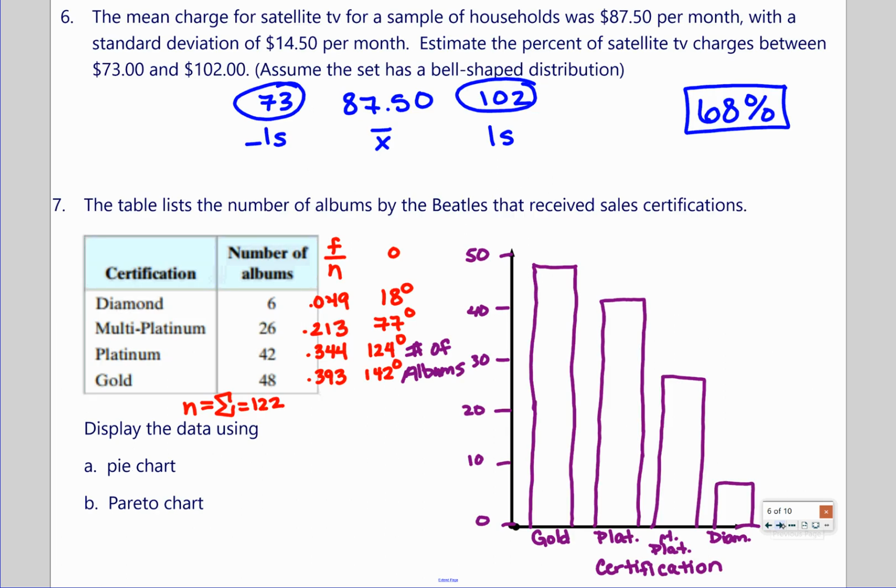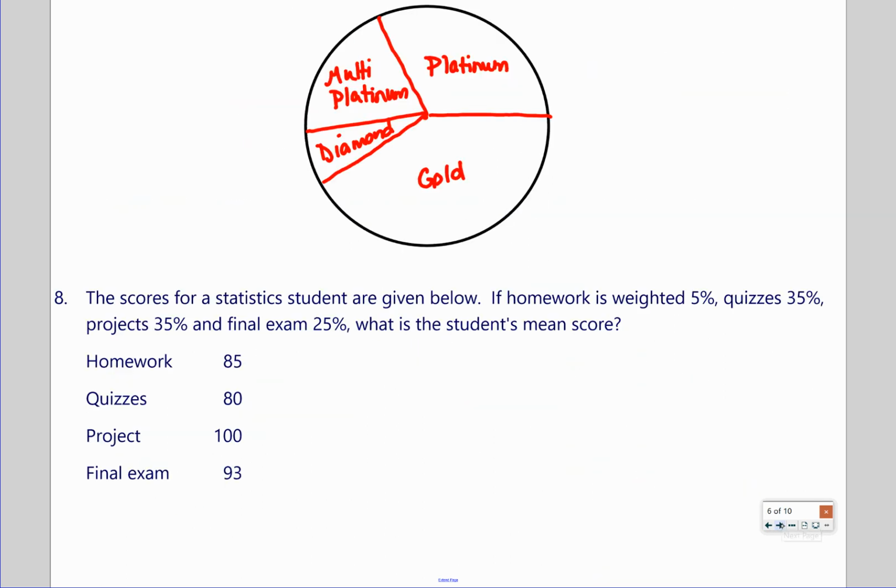And then you can label it number of albums for these certifications. Okay. All right, questions on making the pie chart?